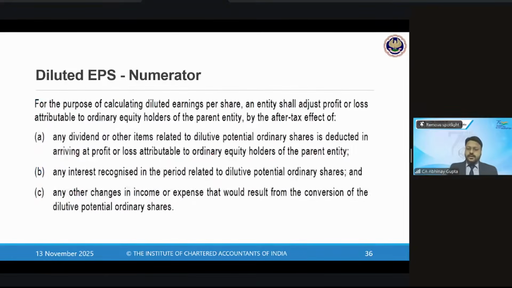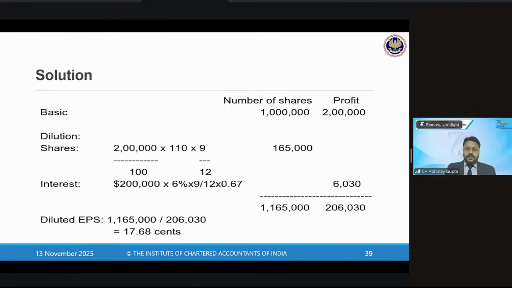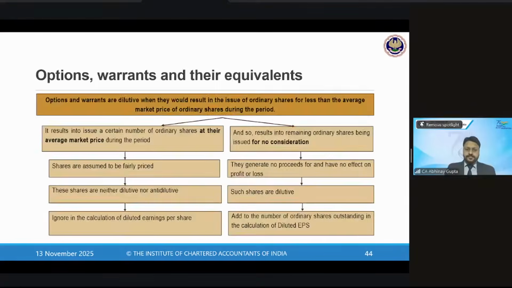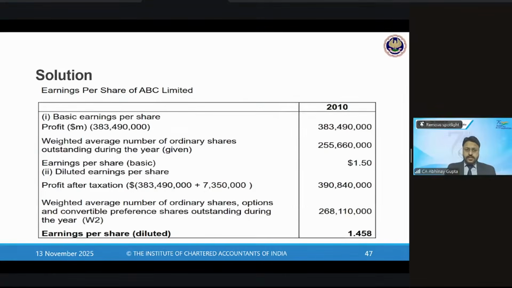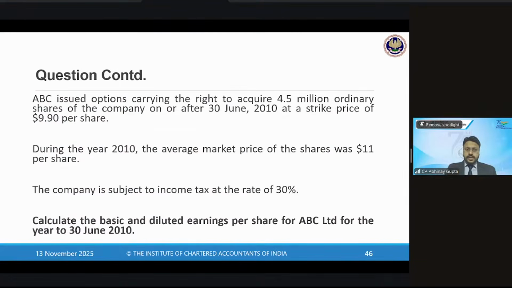Then we did a numerical around this as well. Let me go to that numerical. This was the numerical which we did in the previous session. There were all in all 3 items which we adjusted for the purpose of calculation of diluted earning per share.